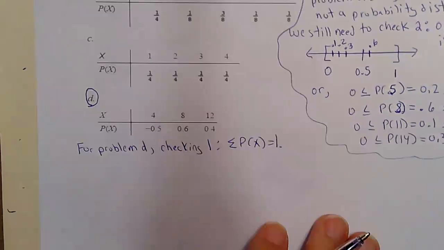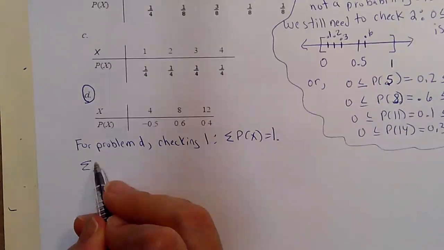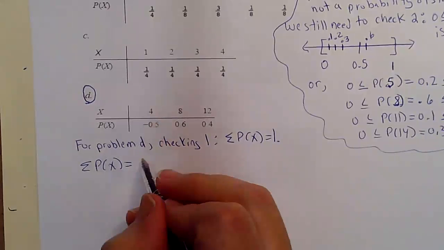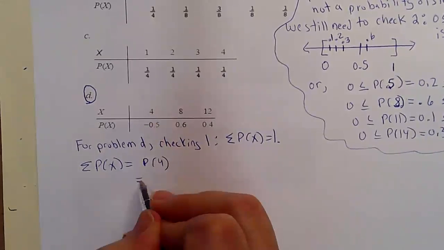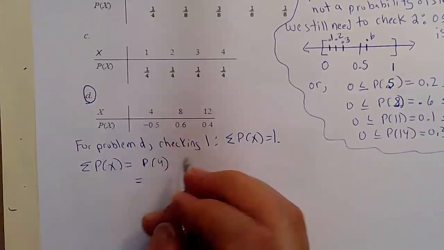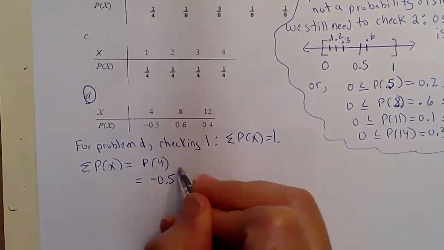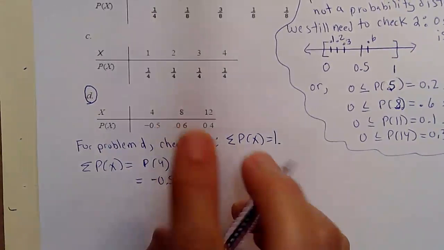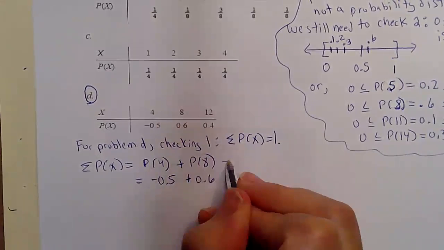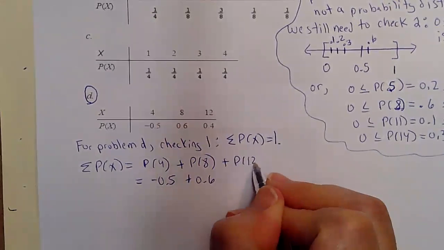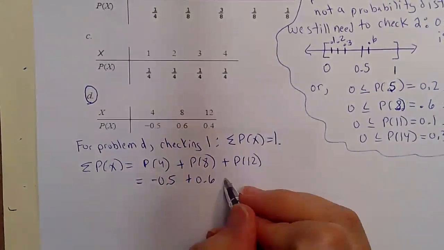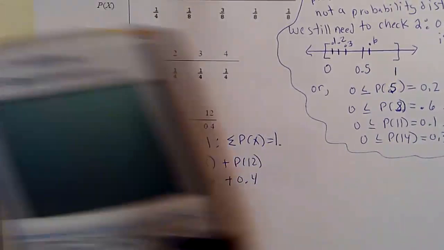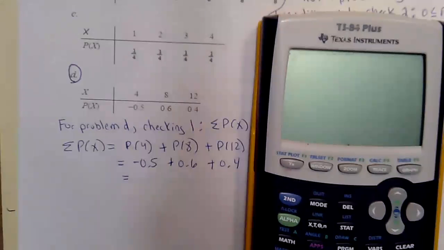So you have summation P of X equals, and you start with P of 4, and that is negative 0.5 plus P of 8, which is 0.6, plus P of 12, which is 0.4. Okay, so let's add those up. Let's see if that gives us 1.